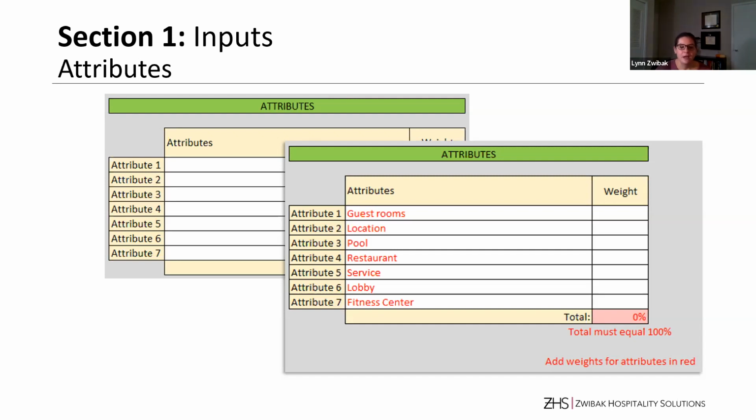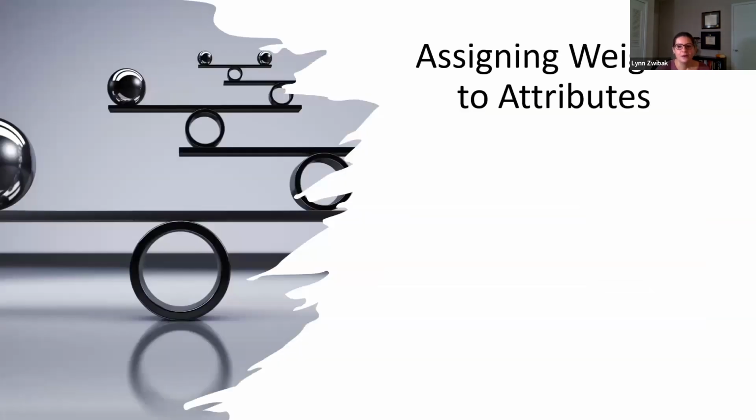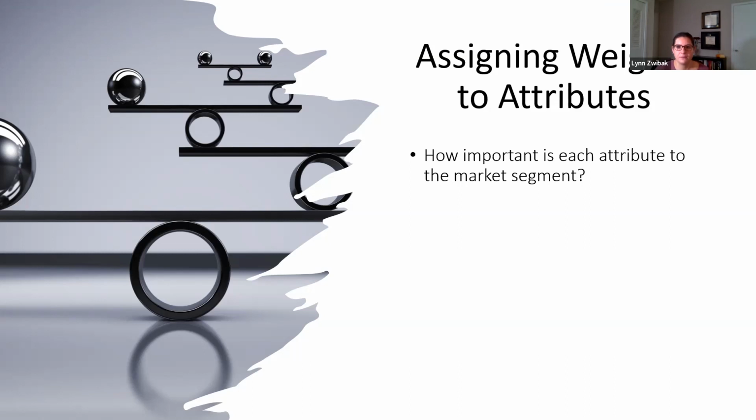Now, when you first fill in the attributes, you'll notice that they show up in red. And we get this error message: total must equal 100%, add weights for attributes in red. So the weights, what are we talking about? Each attribute is going to be assigned a weighting. And this is a reflection of how important each attribute is to that market segment.